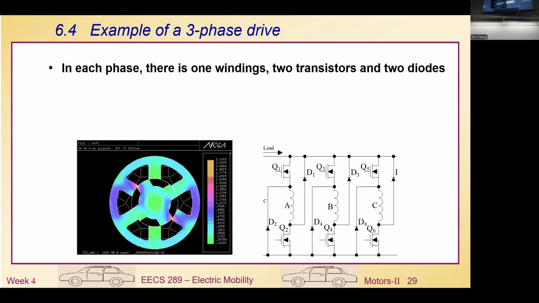We use the other two phases to control the operation. So this motor can be more reliable because each phase is independent from the others. It's not like an industrial motor, a three-phase system where all three phases need to be balanced. If not balanced, it's not working. So an industrial motor highly depends on the three-phase balance. If any one winding is broken, you cannot rotate anymore. But for this one, you can. So for a three-phase or even four-phase drive, we are really comfortable with the operation and the safety.